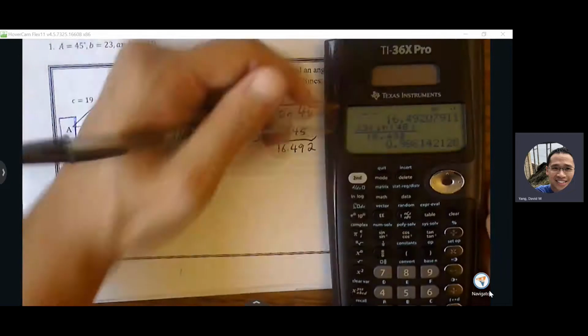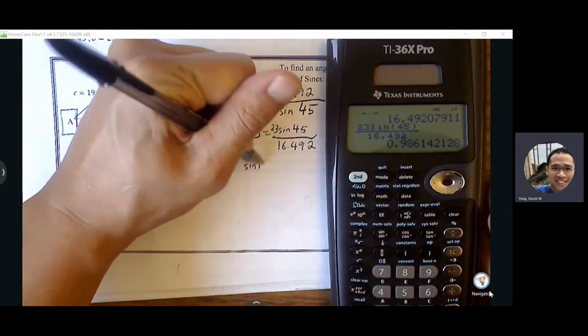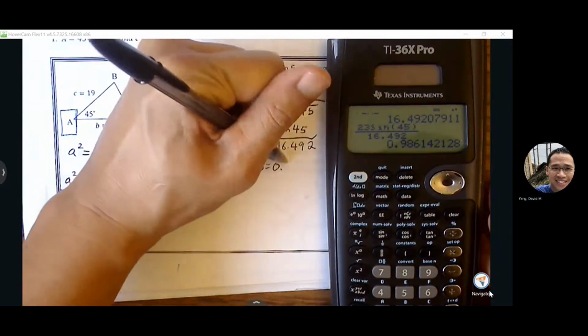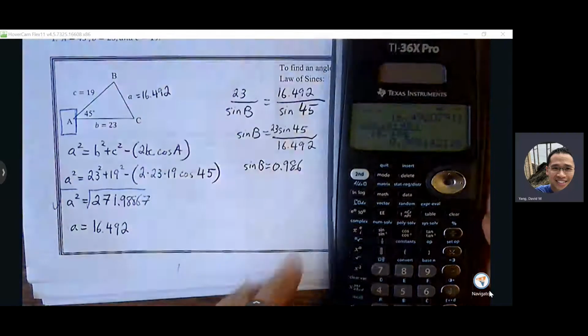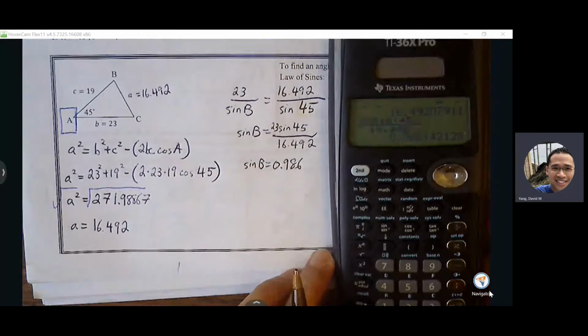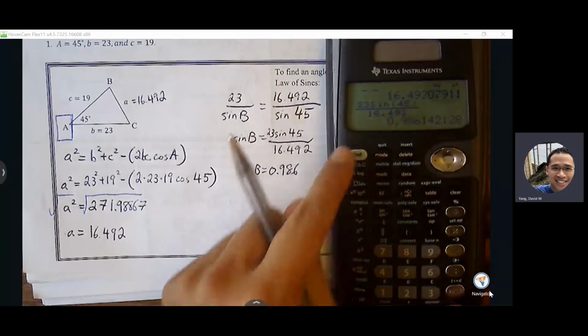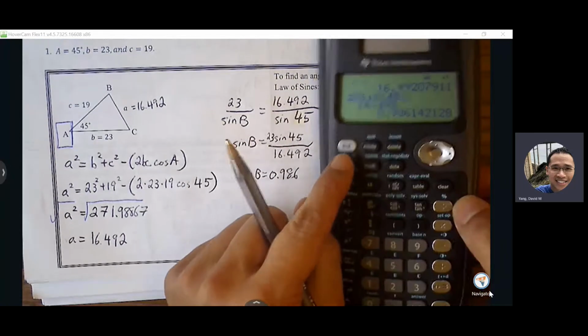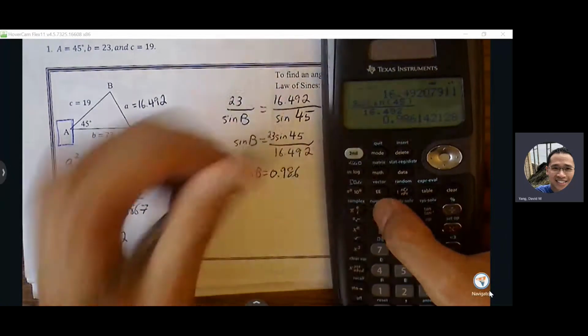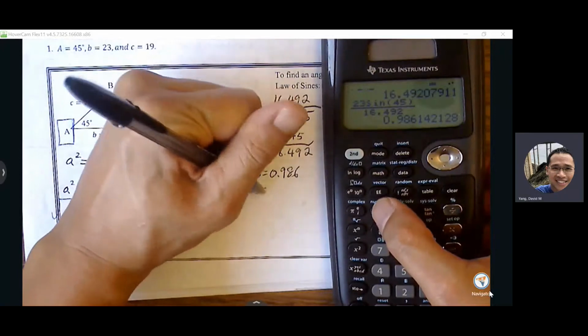Once you get that value, I encourage you guys to use the second answer, or the previous entry feature. So first up, we have to do inverse sine.